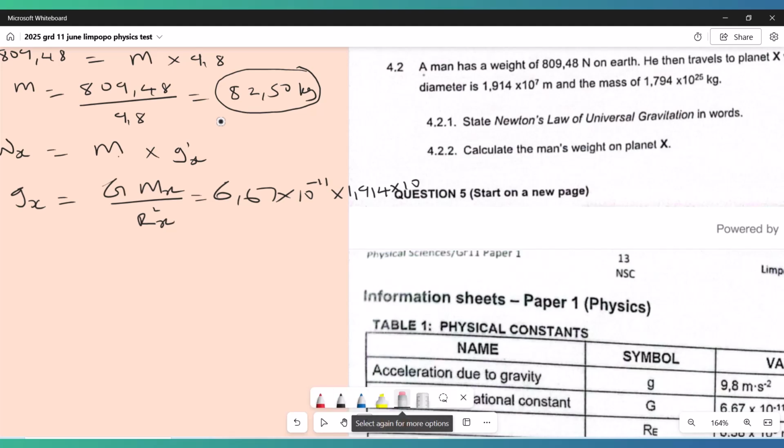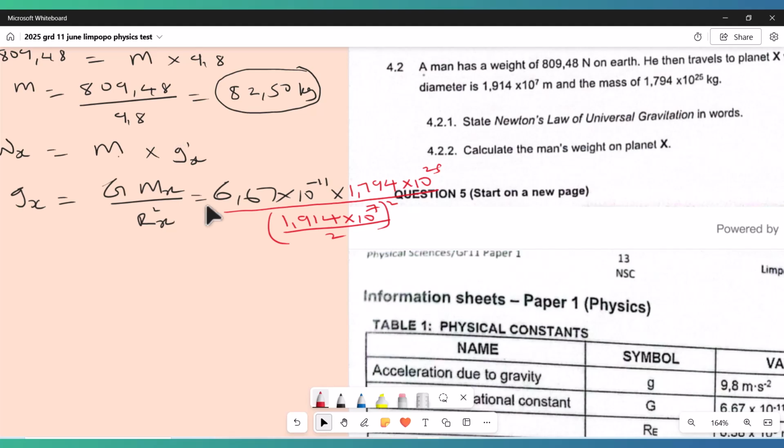The mass is 1,794 times 10 to the power 25. Then divided by the radius of the planet, which is 1,914 times 10 to the power 7, divided by 2 because they give us the diameter, squared.